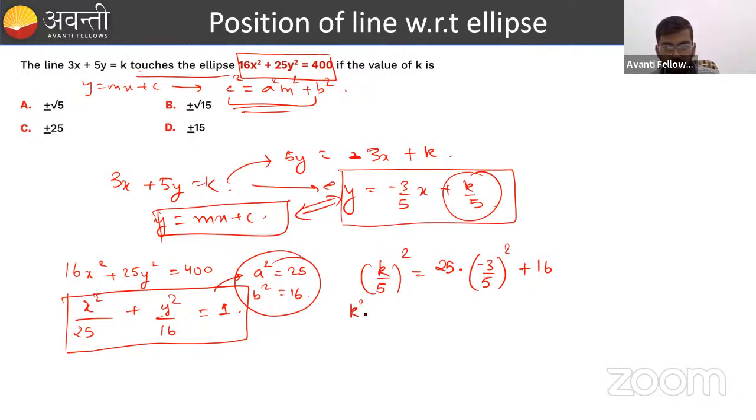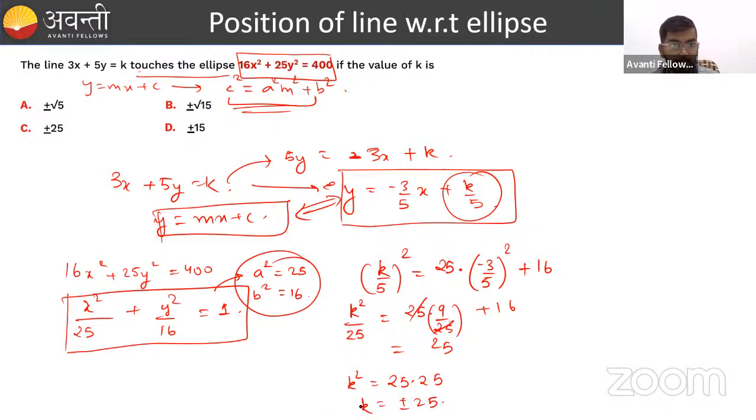Okay, so you get k square upon 25 equals 25 into 9 by 25 plus 16. This gets cancelled, this becomes 16 plus 9, 25. So you get k square equals 25 into 25. The value of k becomes plus minus 25.